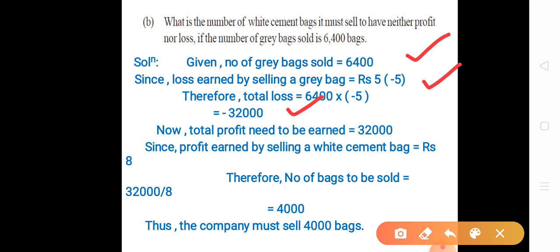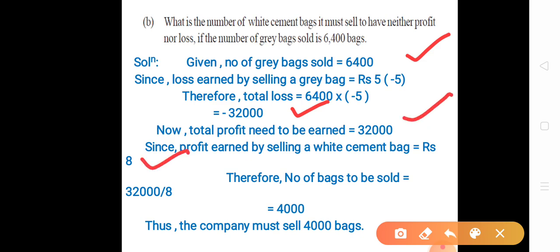And as the question demands, there should be neither profit nor loss. That means if we are getting a loss of minus 32,000, we need a profit of 32,000 as well, so that everything comes out to be 0. No loss, no profit. Now if you want to find out the number of bags you have to sell in order to make a profit of 32,000, you have to divide the profit, that is 32,000, by 8.